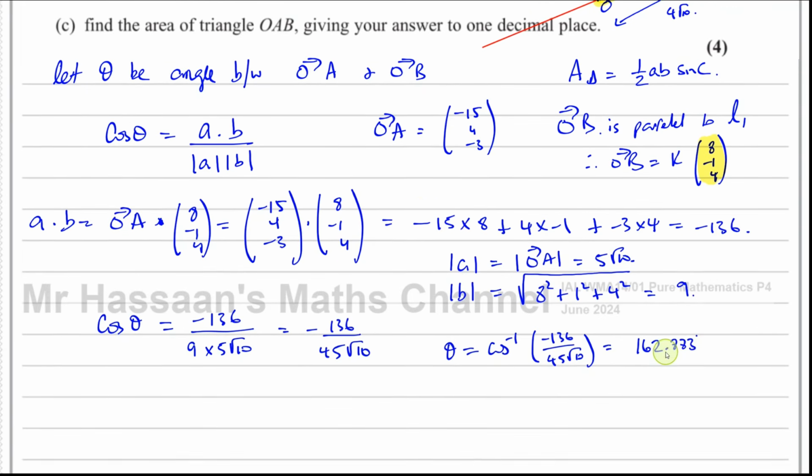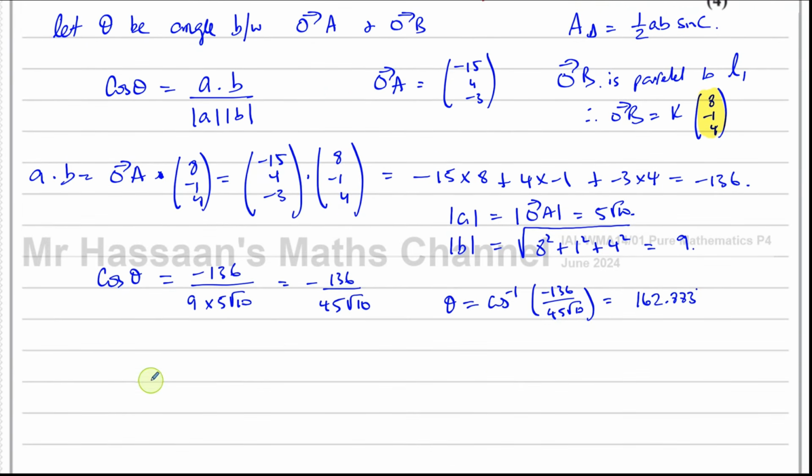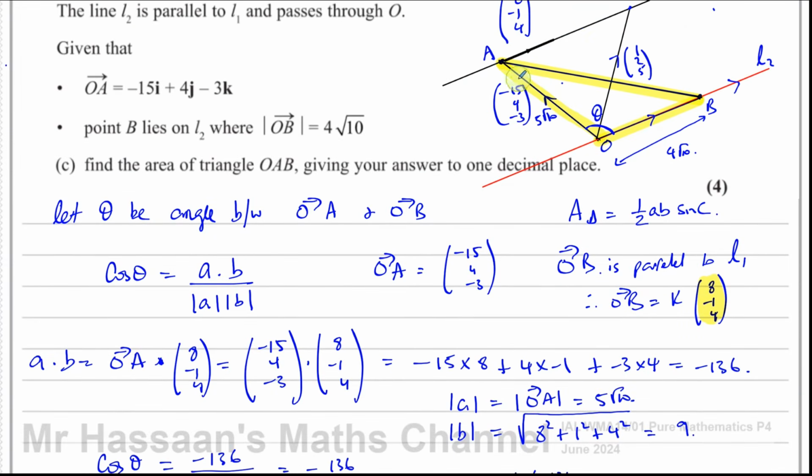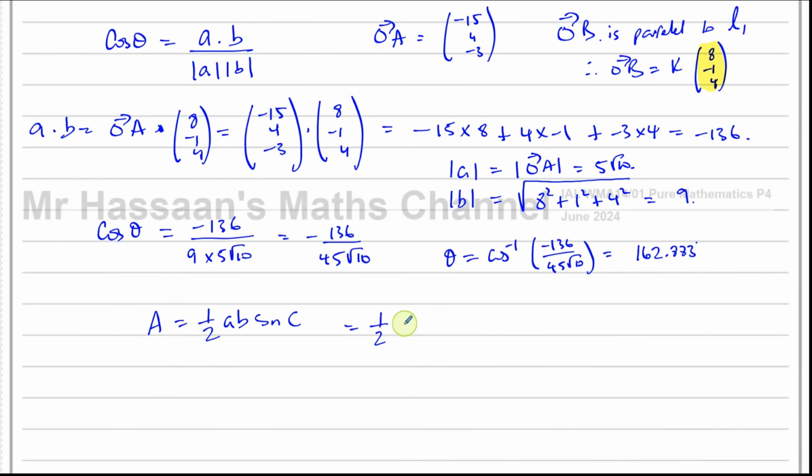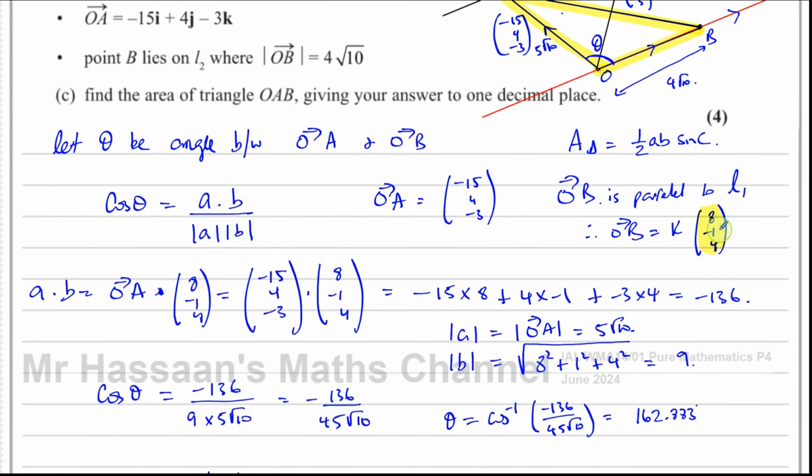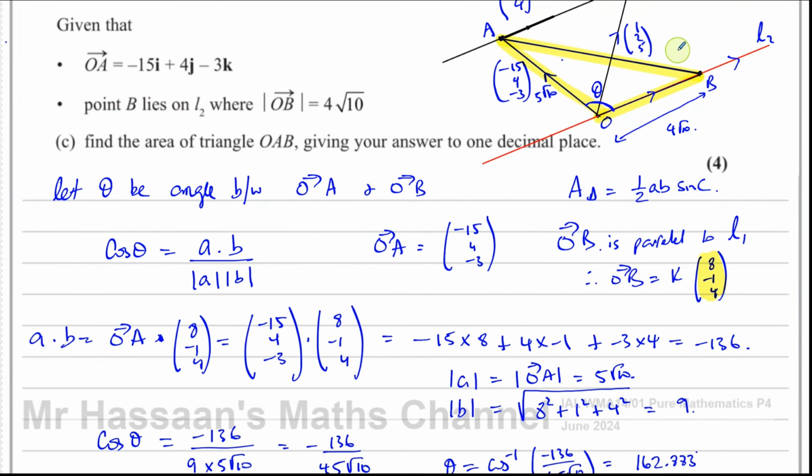Okay, and then we can find the area, which is a half AB sine C. So that is a half times A, which is the magnitude of this line here, 5 root 10, times, now for the B, we have to use this magnitude because we're looking at the area of this triangle.